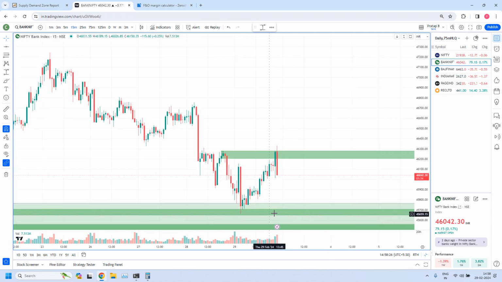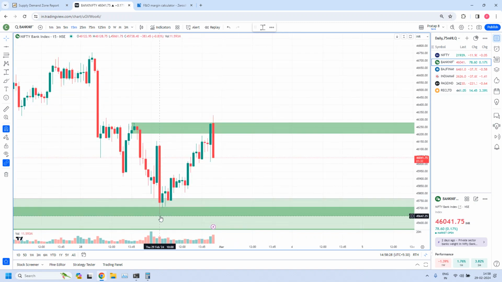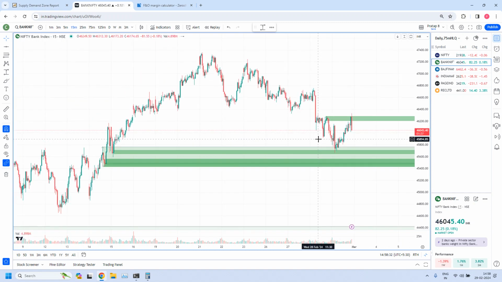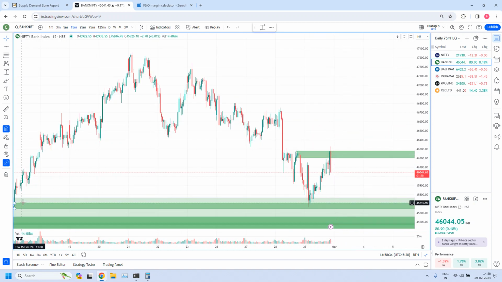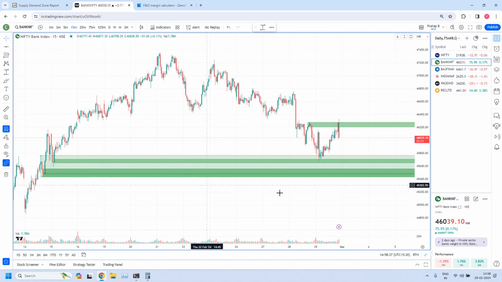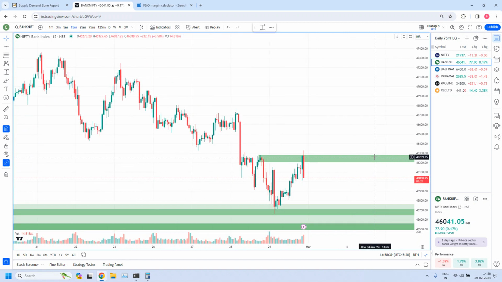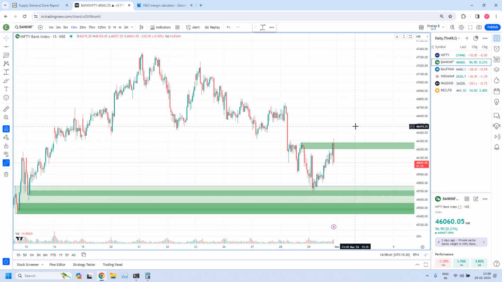And we can't plan a second trade in this zone because prices went very deep inside. You can plan a second trade only if this 5-minute zone is a high liquidity zone. Otherwise you cannot.